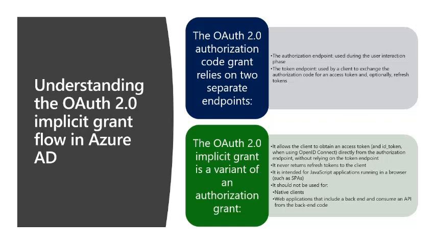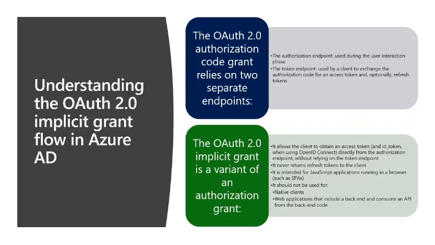It was a really big discussion, but let's just point out a few things. For authorization code grant, the authorization endpoint is used during the user interaction phase, and the token endpoint is used by a client to exchange the authorization code for an access token and optionally refresh tokens.